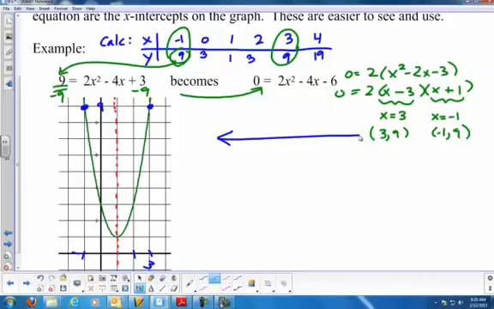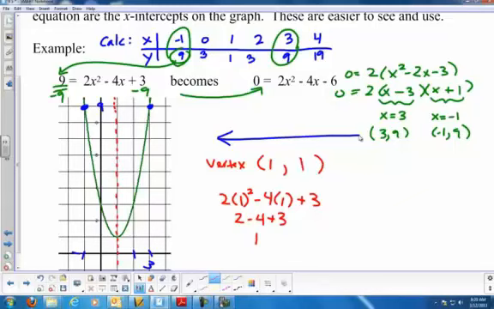And to get the vertex, you could plug 1 in. So 2 times 1 squared minus 4 times 1 plus 3 is 2 minus 4 plus 3, which is 1. So 1 gives you 1, and that's your vertex point.